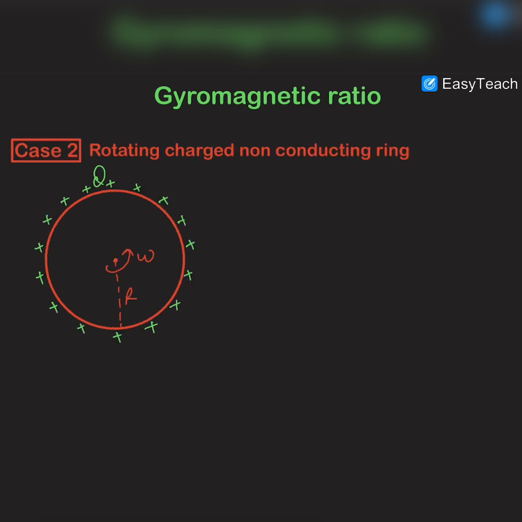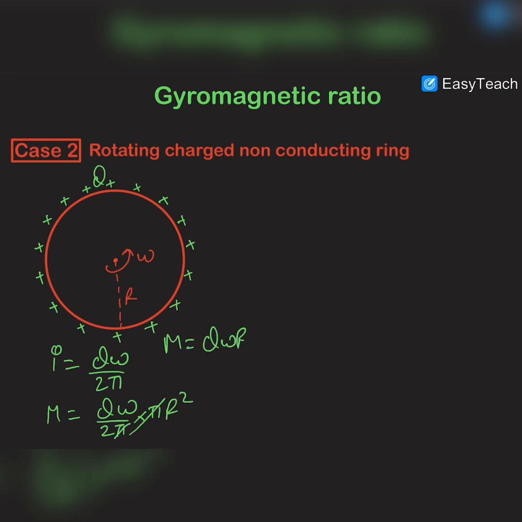So let us again check this fact for a rotating ring. We have already discussed that in a rotating ring, I will be equal to q omega by 2 pi, and therefore M will be equal to NIA. So it would be q omega by 2 pi, and area is pi r square. So M will be equal to q omega r square by 2.